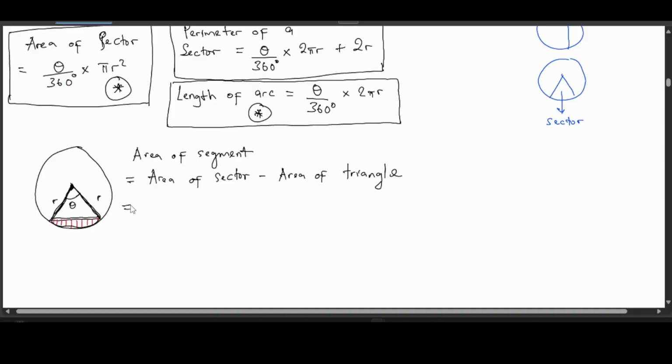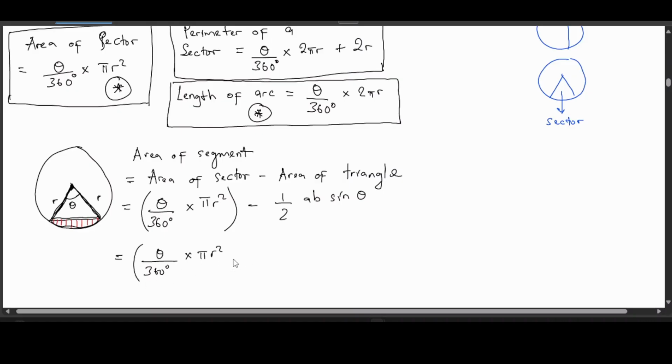So area of sector, we define the sector, theta over 360 degrees times pi r squared like this, then we put brackets, minus area of triangle. We are given theta, we have not been given the perpendicular height. So remember from the lesson we started with, half ab sine theta. But here, let us simplify it a little.